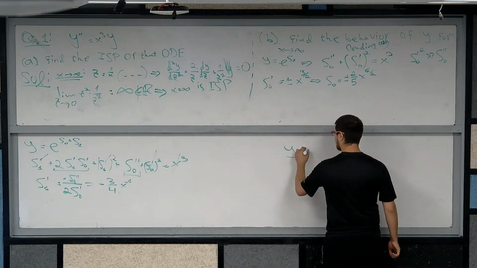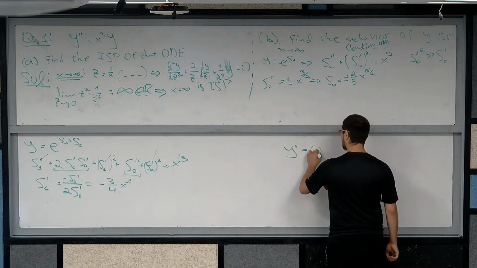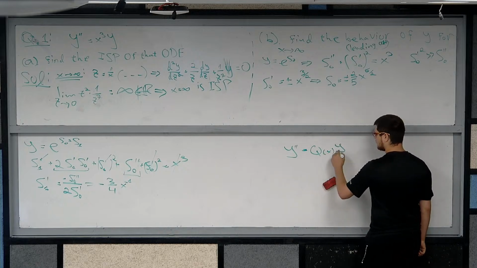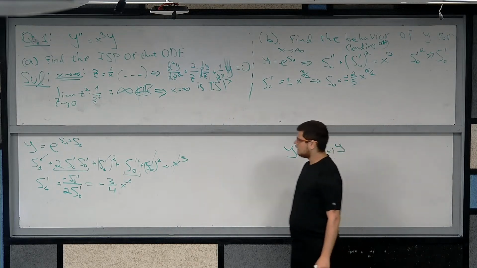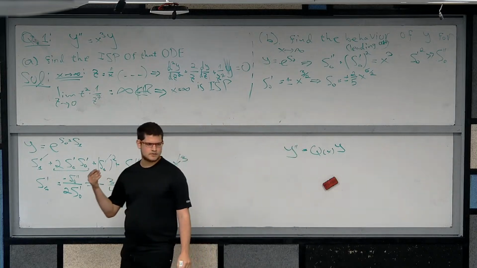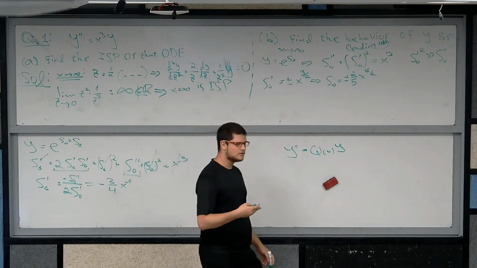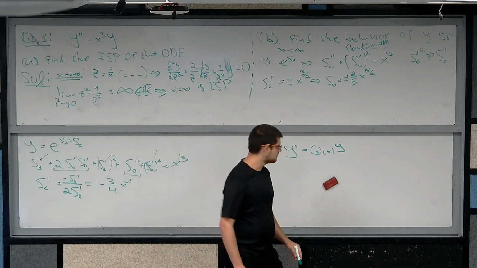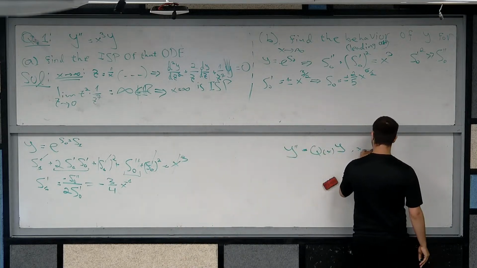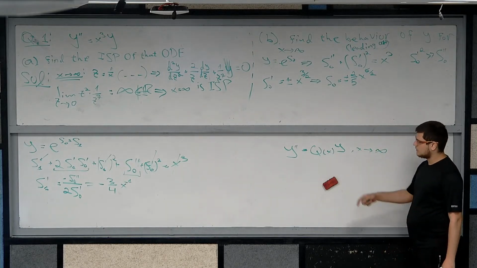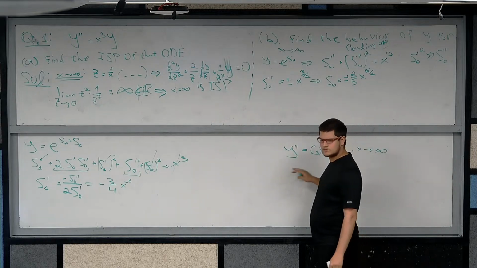Is y double prime equal to q(x) y, if all the assumptions of the ansatz you made in Airy are valid for the asymptotics at x equal infinity. You need to validate what you did already.